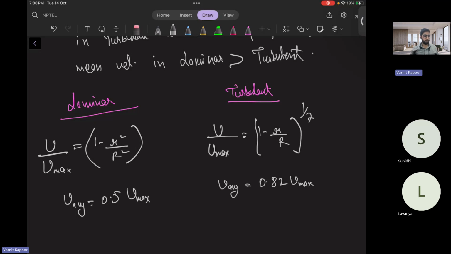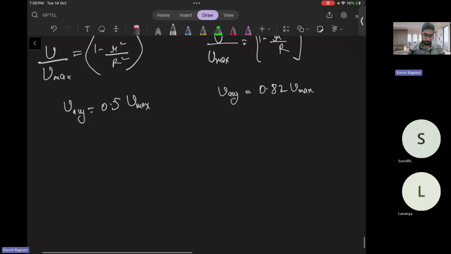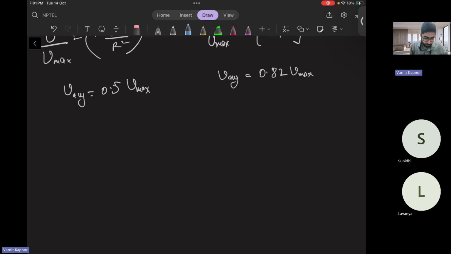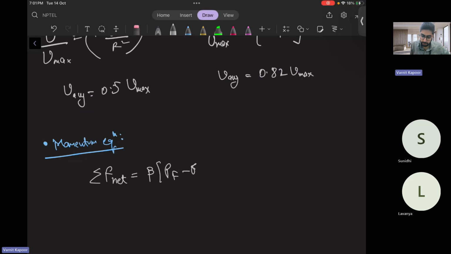So how can I write the momentum equation? I can write net force is nothing but the correction factor multiplied with P final minus P initial.